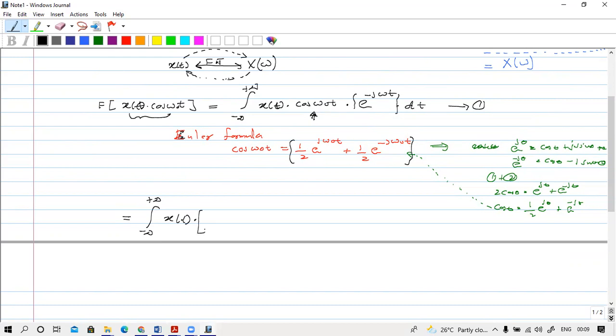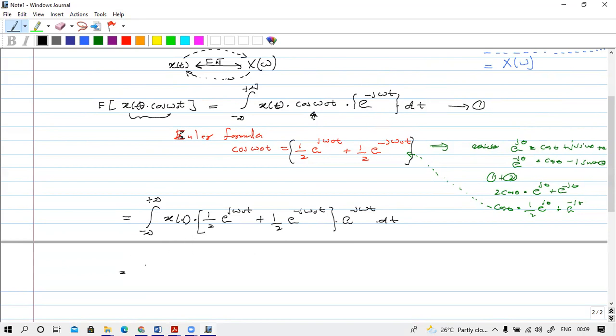So I have half e^(j omega naught t) plus half e^(-j omega naught t), and also we have e^(-j omega t). So here we have a plus value, so I can separate this integration into two integrations using the linearity property.